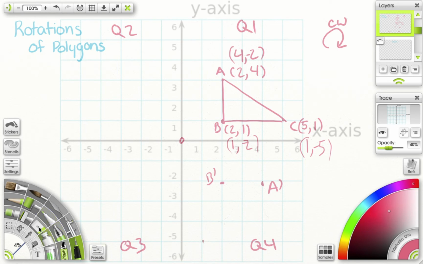Oh, I just realized I plotted B in the wrong spot. And I realized that I said A was 4 and it was actually 3 all along. My brain's not quite back from the long weekend yet. Sorry about that. So A should be over here.